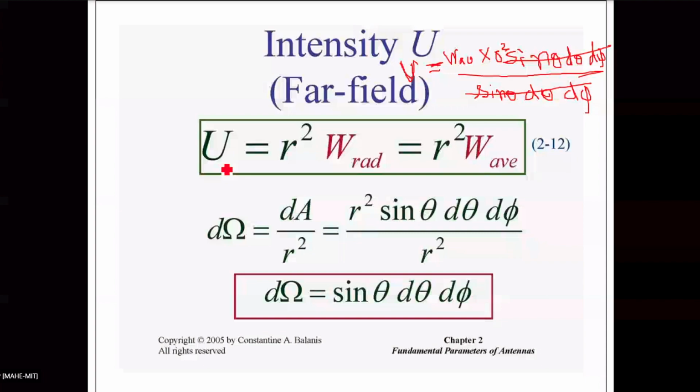Have you understood this? Hello, somebody said no? Anybody? Yes, sir. Okay. Radiation intensity U is defined as power radiated in a given direction per unit solid angle. So U will vary from point to point. U is applicable to a point.